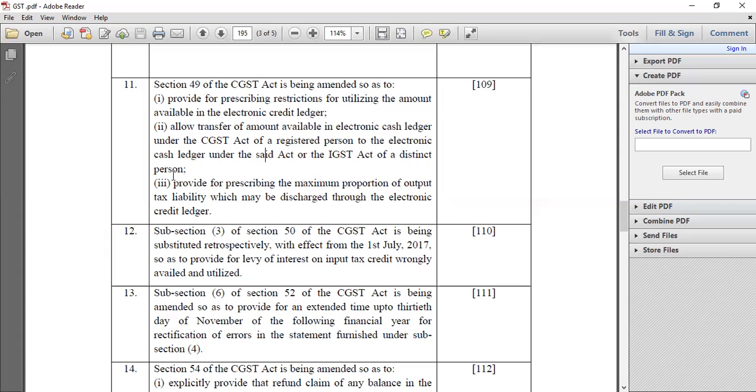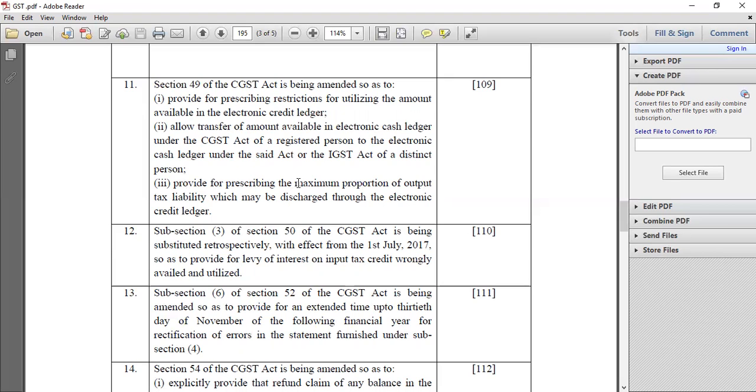Then the next change in section 49 is providing for maximum proportion of output tax liability which may be discharged through the electronic credit ledger. I have already discussed. The government has been given the power to prescribe the maximum proportion of output tax liability.